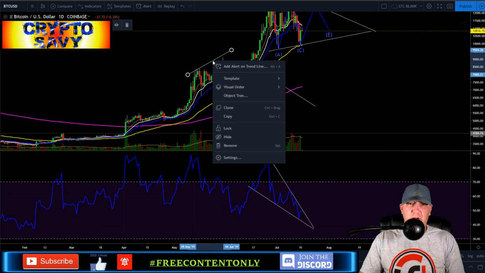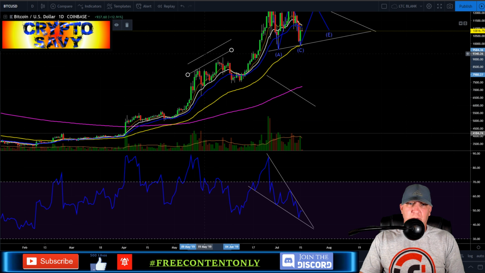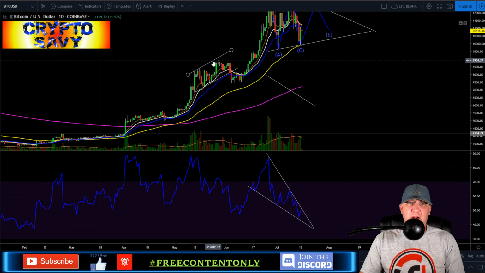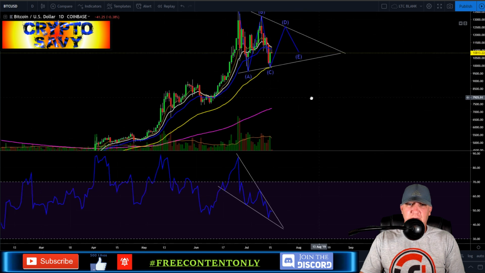Whenever I draw channels, I draw it and then I clone the line because it should be even. But like right there, you can see the volume was declining before the breakout, and then we broke out over here. So I just wanted to point that out real quick. I know this is more about RSI, so let me get into the RSI.